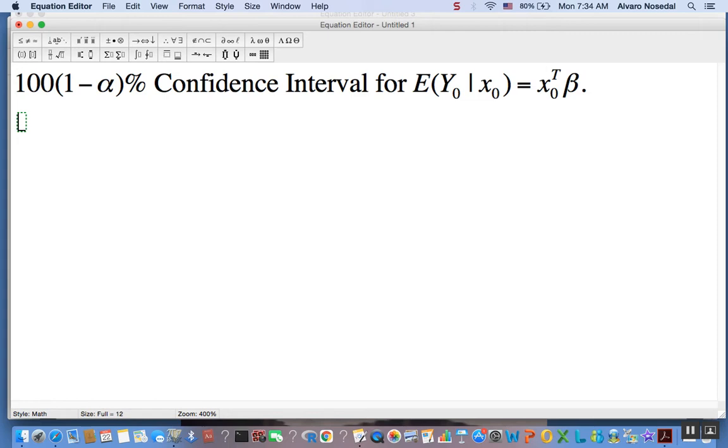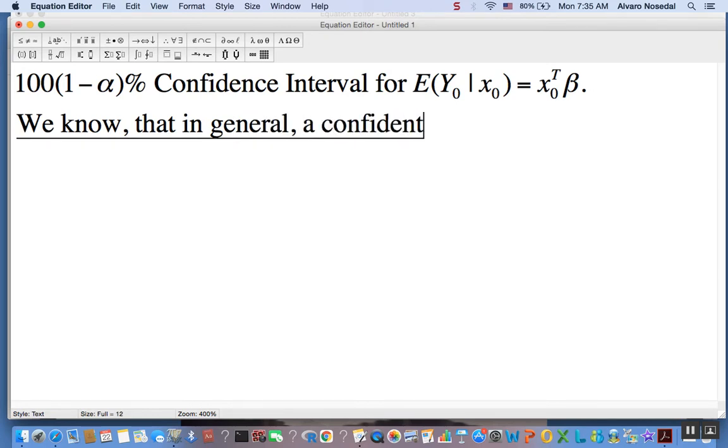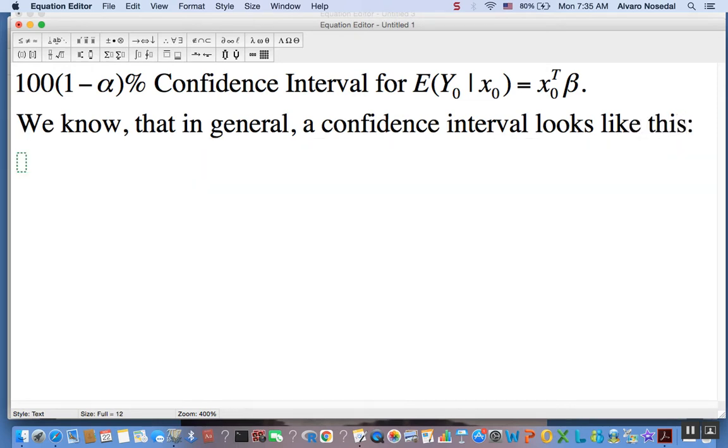Bear in mind that we know that in general a confidence interval looks like this: it's an estimate plus minus a margin of error.